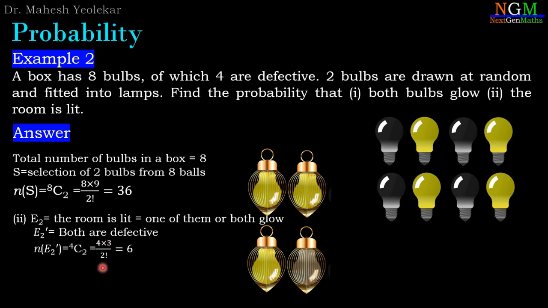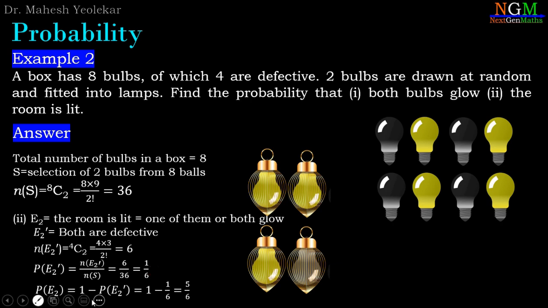So 4 into 3 divided by 2 factorial, which is 6. So probability of E2 dash is equal to number of elements in E2 dash divided by number of elements in S, which is 6 divided by 36, equal to 1 by 6. But we want to find the probability of E2, which is equal to 1 minus probability of E2 dash, equal to 1 minus 1 by 6, equal to 5 by 6. So this is the probability of event E2.